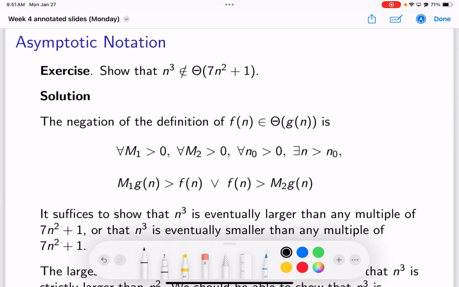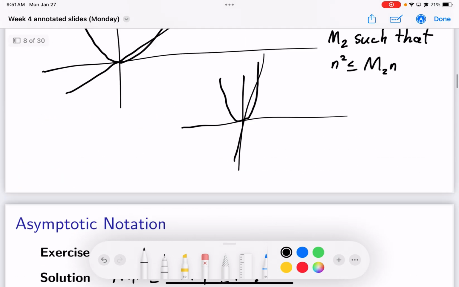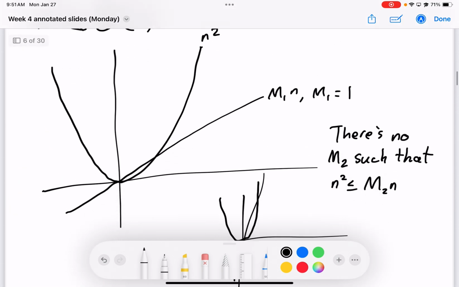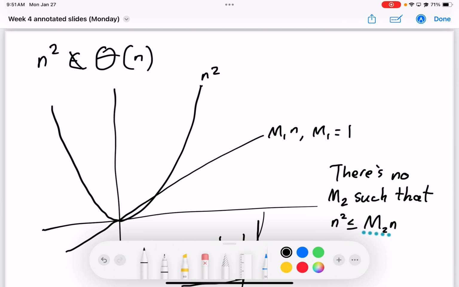Now we're going to show that two functions don't grow at the same rate. This is a formalization of a similar argument to what we saw here. We were able to bound n squared below by a constant multiple of n, but we weren't able to bound it above.